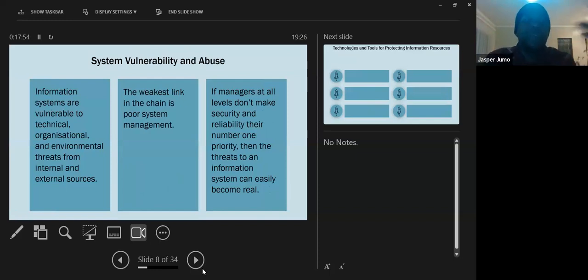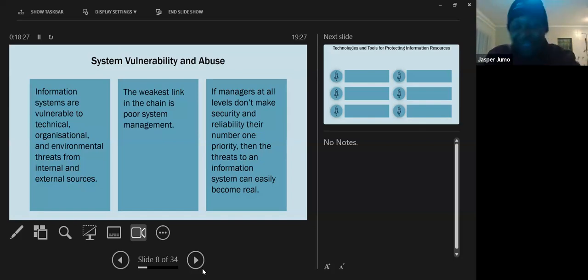organizational, and environmental threats. We are going to talk about these threats in a separate lecture, but to give you an overview, it includes viruses, malware, what they call ransomware, Trojan horses. There are so many threats out there, right? For most of us, the most popular threat is a hacker.